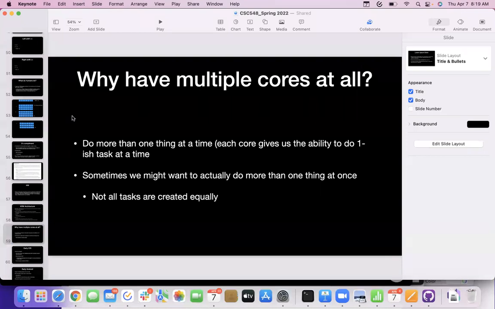In real life, there's plenty of tasks, like shoveling snow. If you have 7 people helping you shovel snow, you're going to shovel the snow quicker than if you just have one person out there doing it. Whereas the proverbial example of how many people it takes to change a light bulb is a task that doesn't necessarily benefit from having multiple cores.